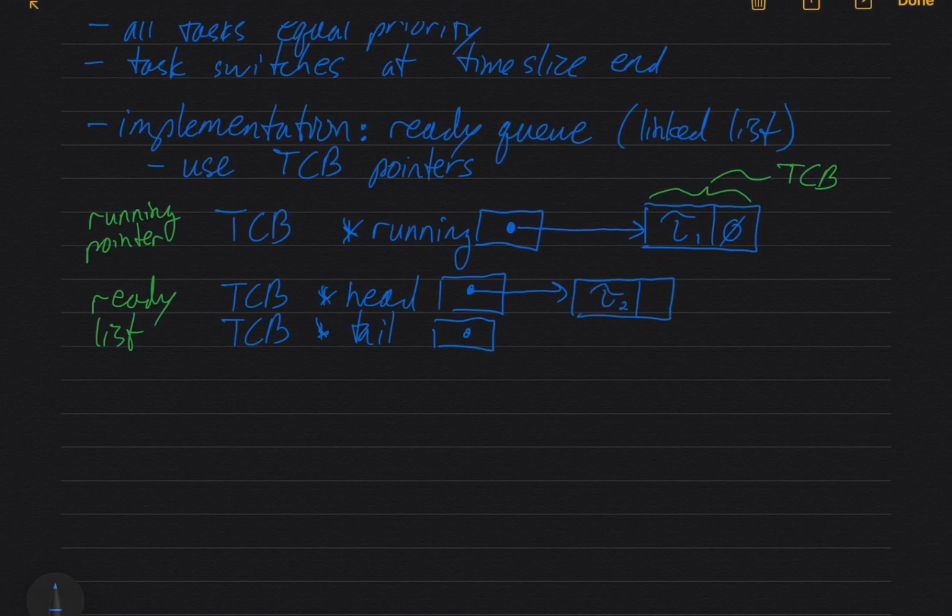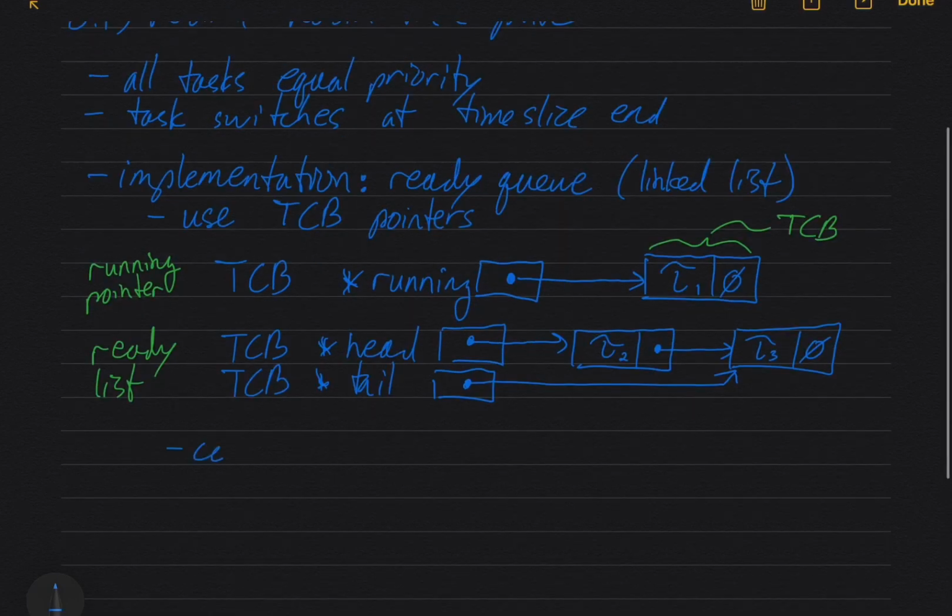So that's the task control block for task 2, and then that will point to the task control block for task 3. And yeah, I'm showing this as a singly linked list. The implementation is actually doubly linked, so that when a task is terminated by another task, it can be removed from the middle of a linked list in order one time. And then the tail pointer points here for order one addition or insertion into the linked list.